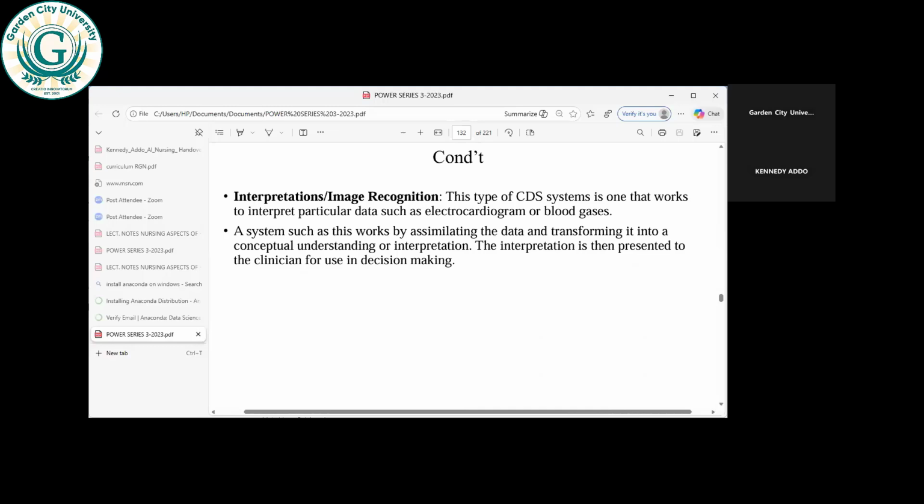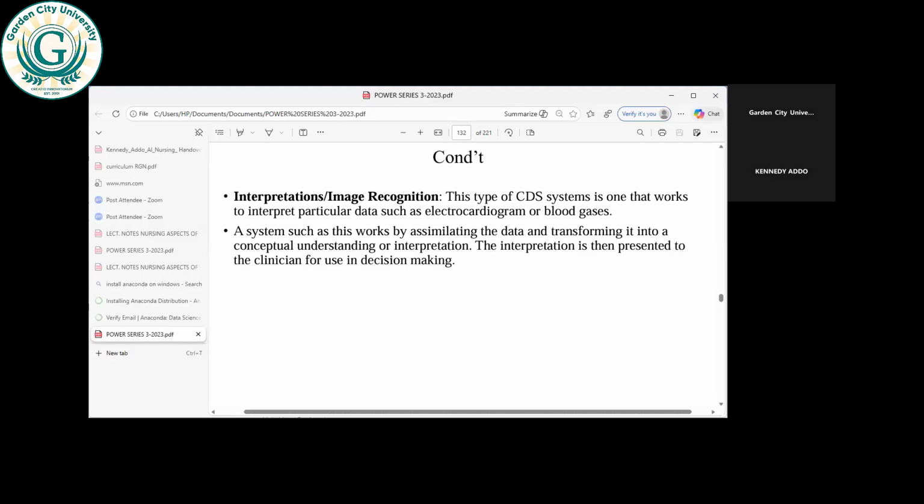Such a system works by assimilating the data and transforming it into conceptual understanding or interpretation, so we use the data, process it, and transform it into the way we have to understand it. The interpretation is then presented to the clinician for use in decision making. So what are the clear signs of what?